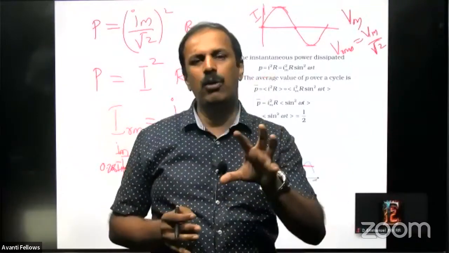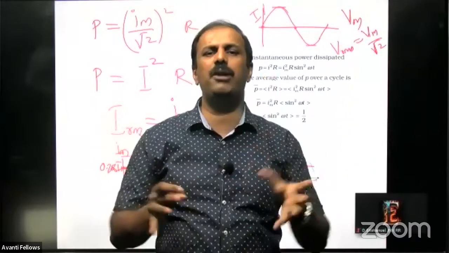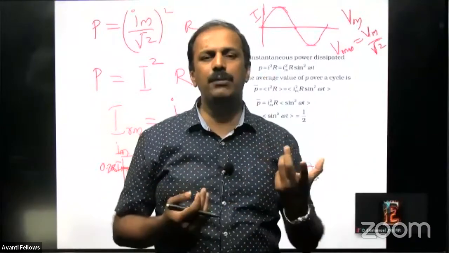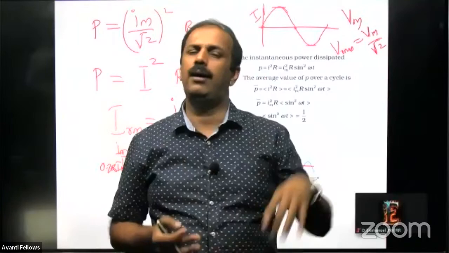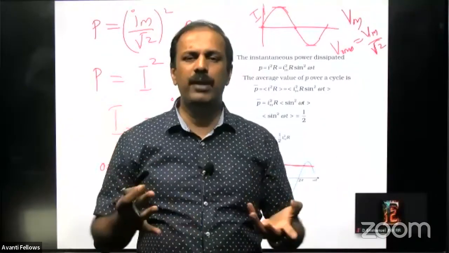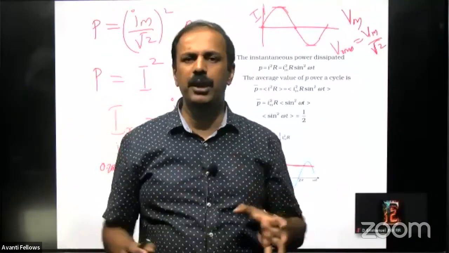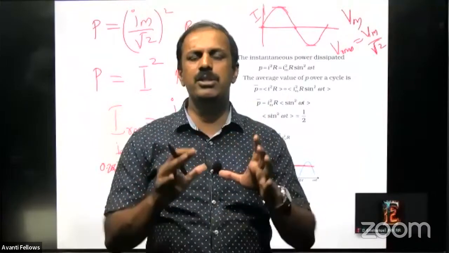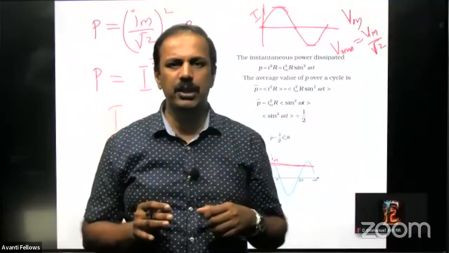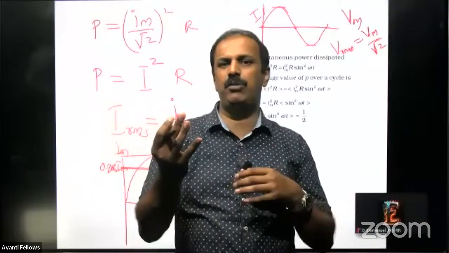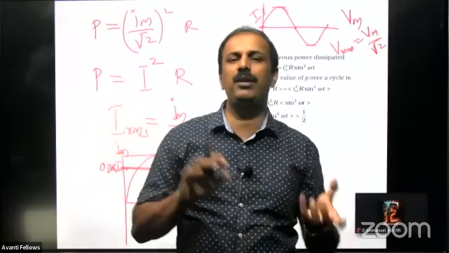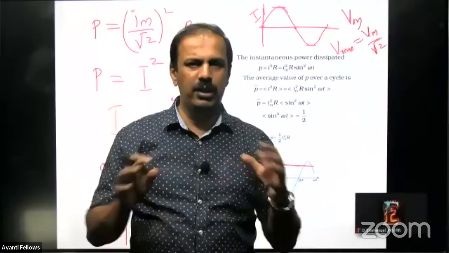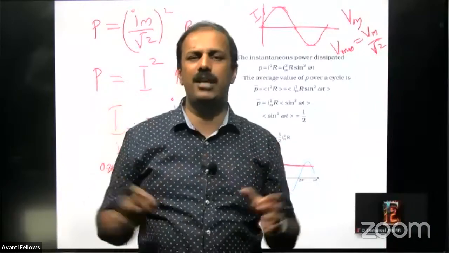If a voltmeter measures and gives you 100 volt, you may be confused whether the 100 volt is the maximum value or the RMS value. No need for confusion. If it is not mentioned, if the value is just given, that is the RMS value only. If it is mentioned as the maximum value or the peak value, then only you have to take it as the peak value. Otherwise, it is the RMS value.